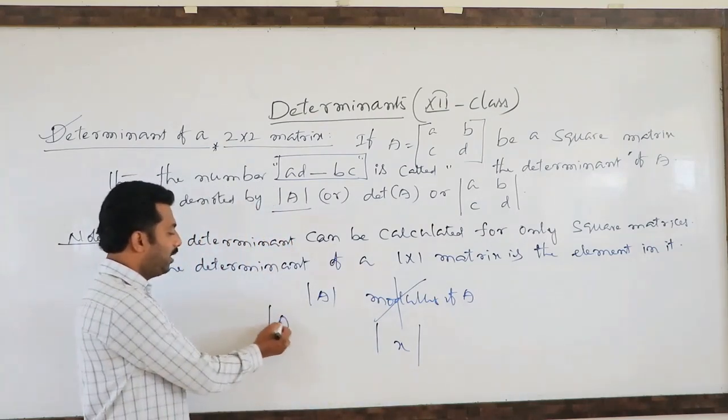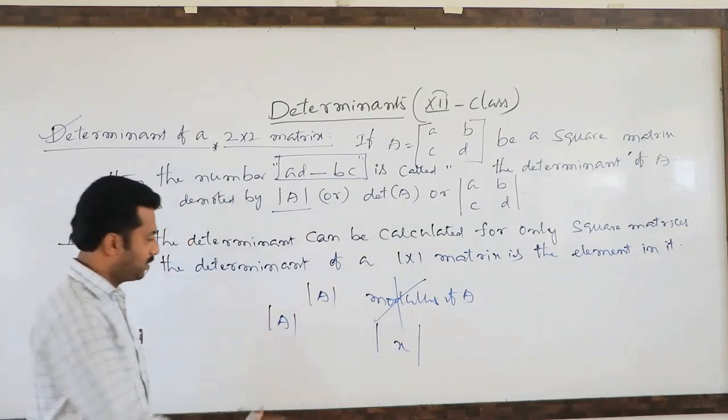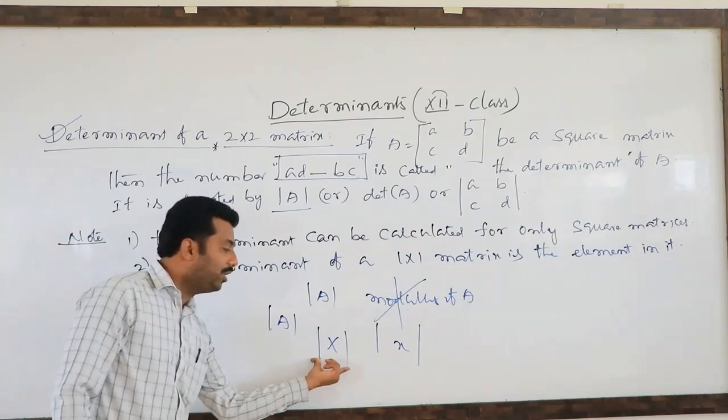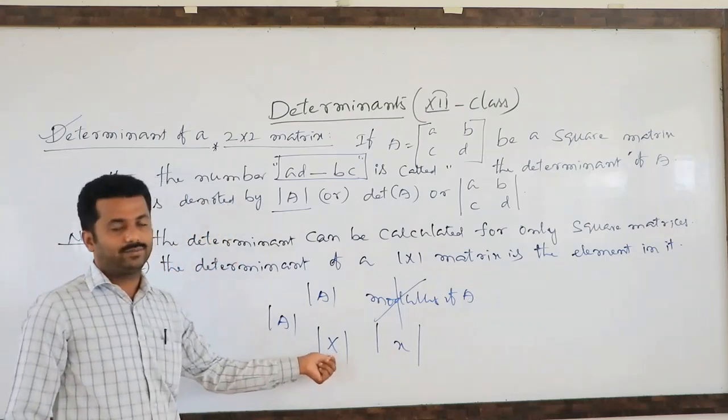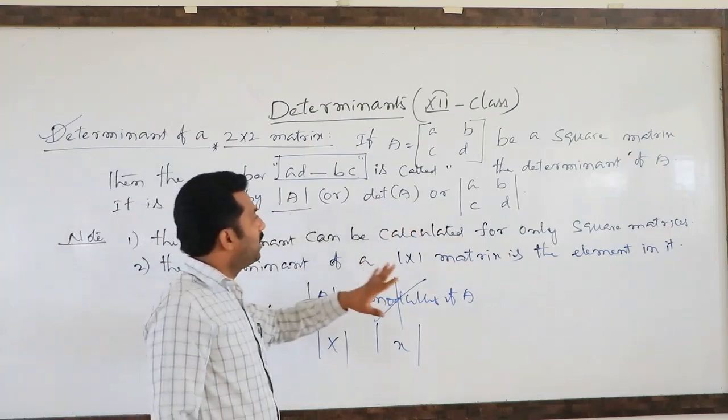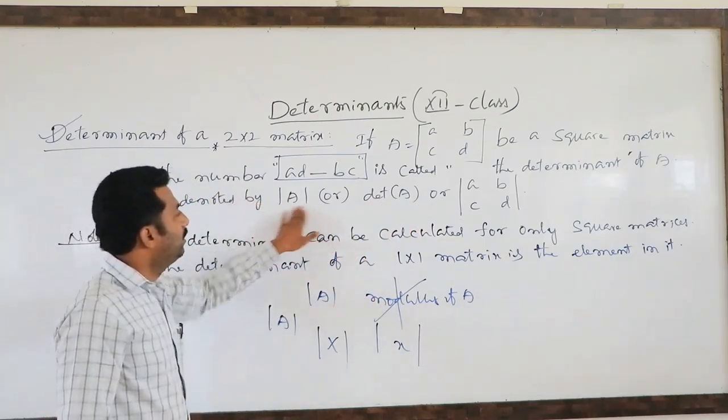If you write capital A, this is a matrix. If you write determinant of A, this is the determinant of the square matrix A. So you have to understand the notations in this chapter clearly.